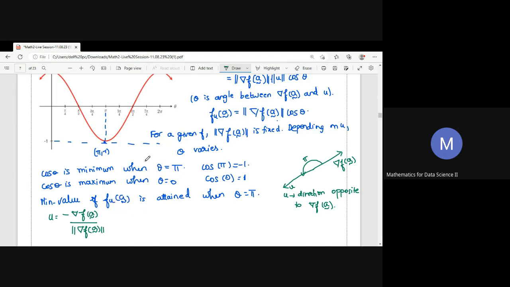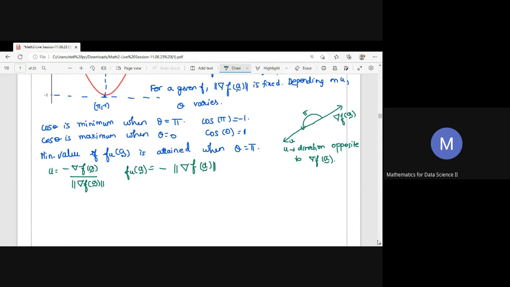In that case, what is the value of f_u of a tilde? You know that when theta is equal to pi, the value of cos theta is minus 1. So the value is minus norm del f of a tilde. The minimum is attained at this u, and the minimum value is minus norm del f of a tilde.